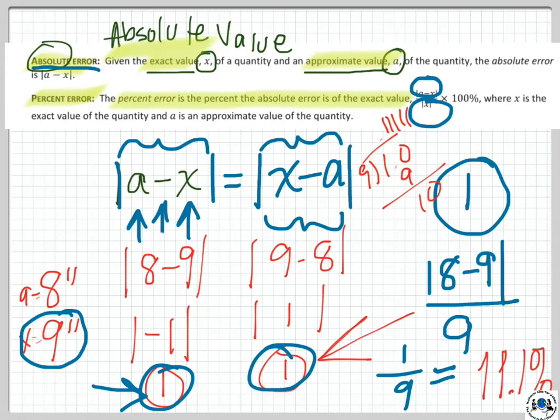Okay, so that would be our percent error in this case, 11.1%. Again, we'll do a lot more of these. I just wanted this to be an introduction, just so it doesn't seem confusing when we get into it.